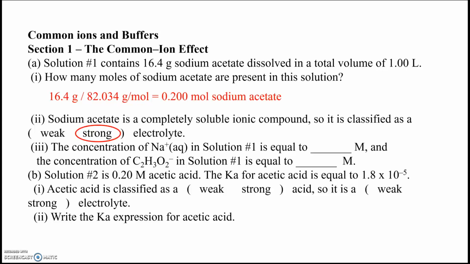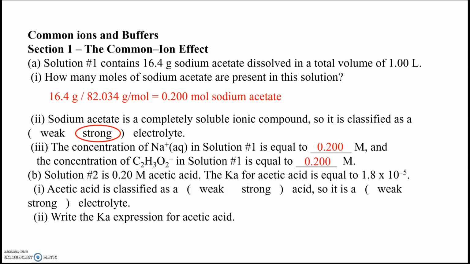Well, obviously it's a strong electrolyte, which means it dissolves 100%. So the concentration of the sodium ions in this solution is going to be equal to the same 0.2 molar because I've got 1 liter. And the concentration of acetate is also going to be 0.2 molar.